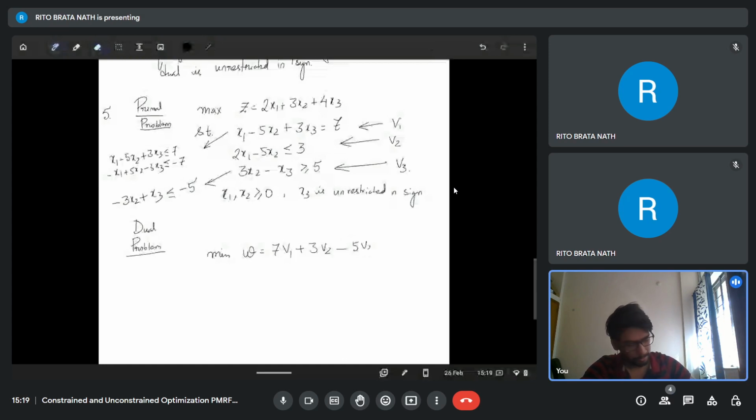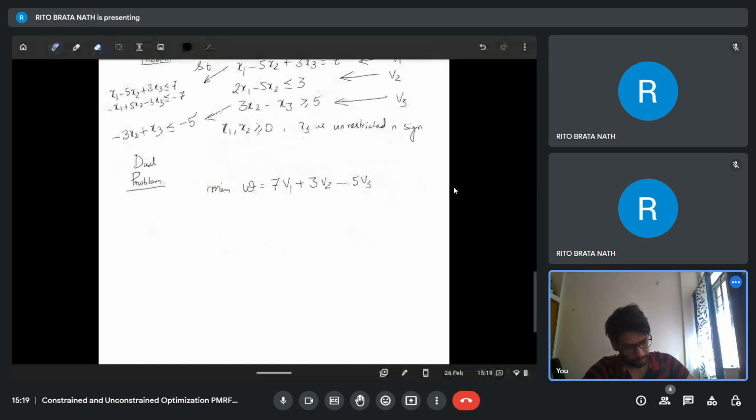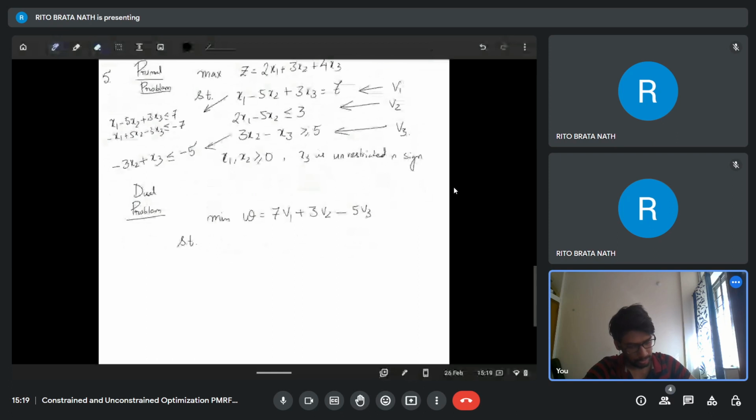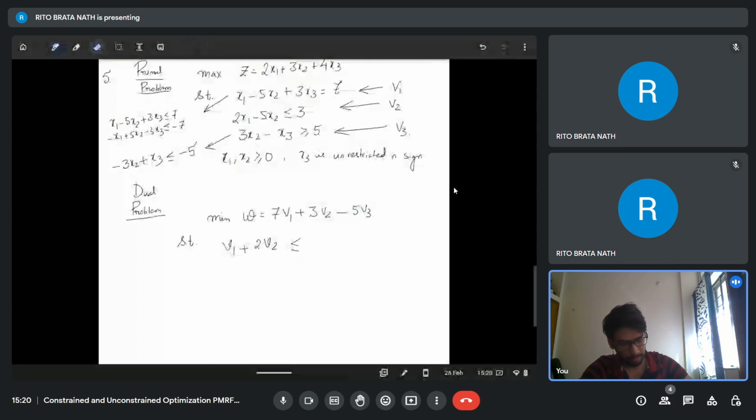Next, you can write down the constraints. Corresponding to v, the first one is v1, and the next is plus 2v2, and the third one doesn't have any term related to x1. Since x1 is a greater-than-or-equal type, in the dual it becomes greater than or equal to 2.